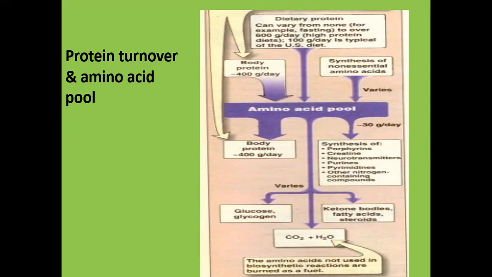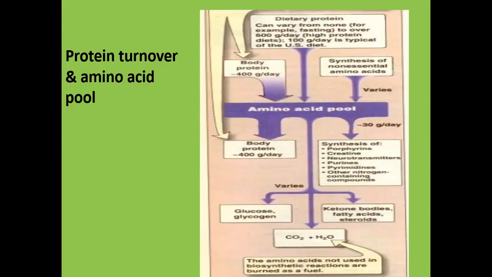About 75% of the amino acids obtained from hydrolysis of proteins, we told you, are recaptured. They are used for the formation of these non-protein nitrogens, which are listed in the picture. Like porphyrin is formed from the amino acid glycine.